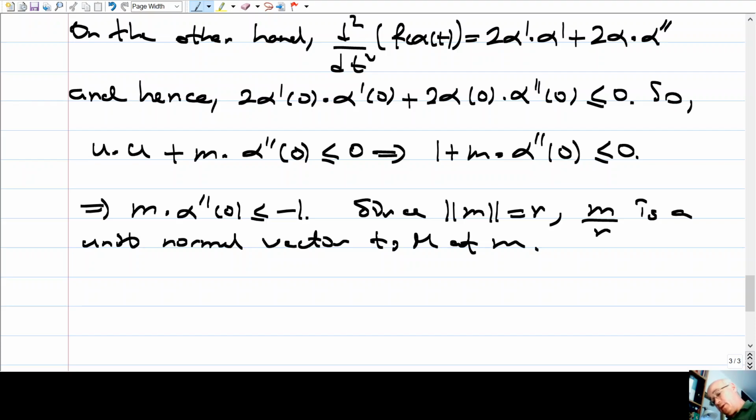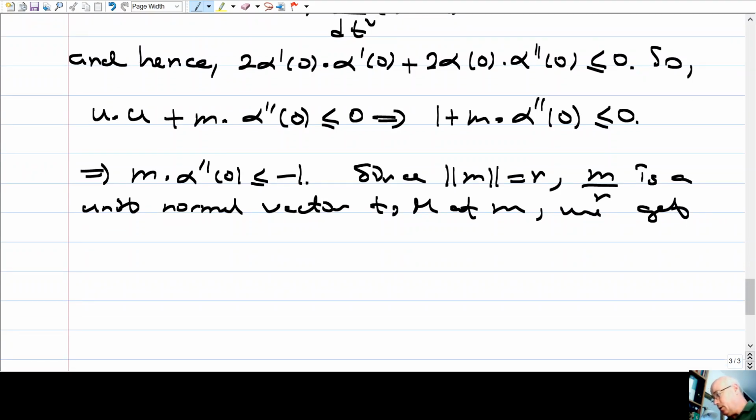but we know that we get from this the following: k of u, the normal curvature for this vector, is what? We know that this is just the unit normal at that point times the second derivative.